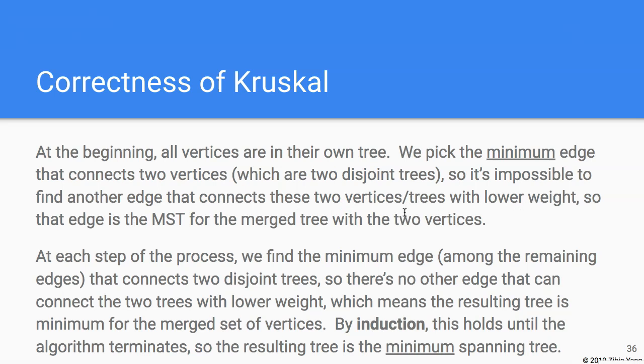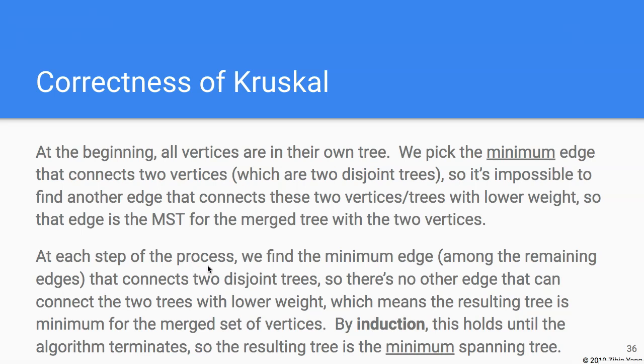So now we have a subgraph with the two vertices and an edge connecting them. So for this graph, that edge forms the minimum spanning tree, right? So that proves we picked the minimum spanning tree at our very first step.